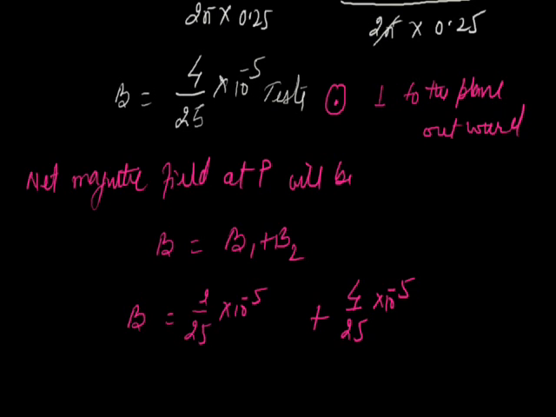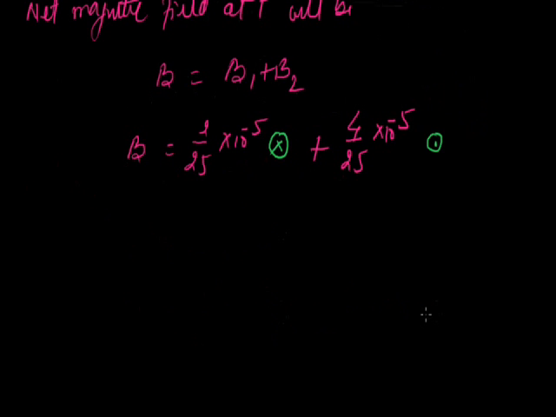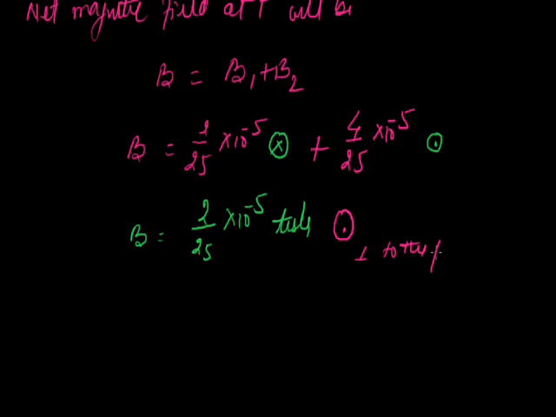The direction of this one, it is outward, it is inward. So we can also write that B will be 2 upon 25 into 10 raised to the power minus 5 Tesla. The direction of this will be perpendicular to the plane, outward.